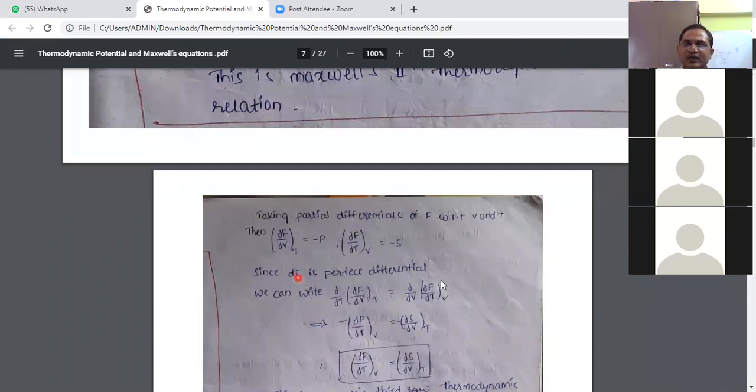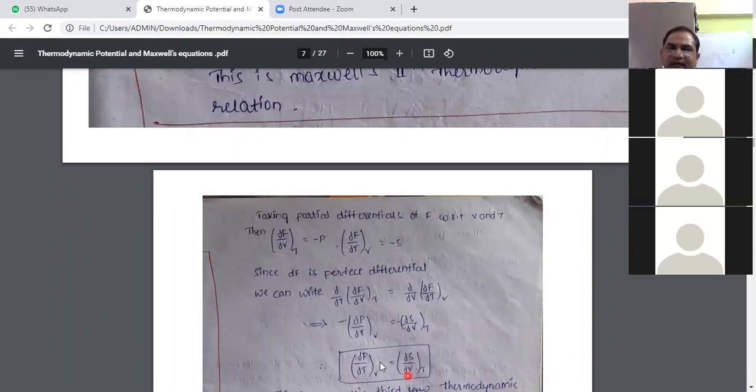Since dF is a perfect differential, ∂/∂T of ∂F/∂V equals ∂/∂V of ∂F/∂T. Okay, sir. Then ∂F/∂V at constant T, we have minus P. Therefore, on the left side we get minus ∂P/∂T at constant V, equal to the right side ∂/∂V of ∂F/∂T. ∂F/∂T at constant V, we have minus S, hence it will be minus ∂S/∂V at constant T. Both sides, the minus signs cancel.